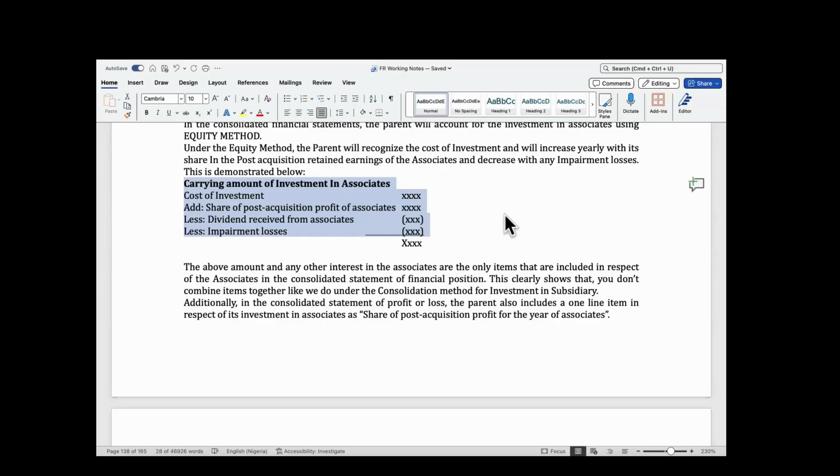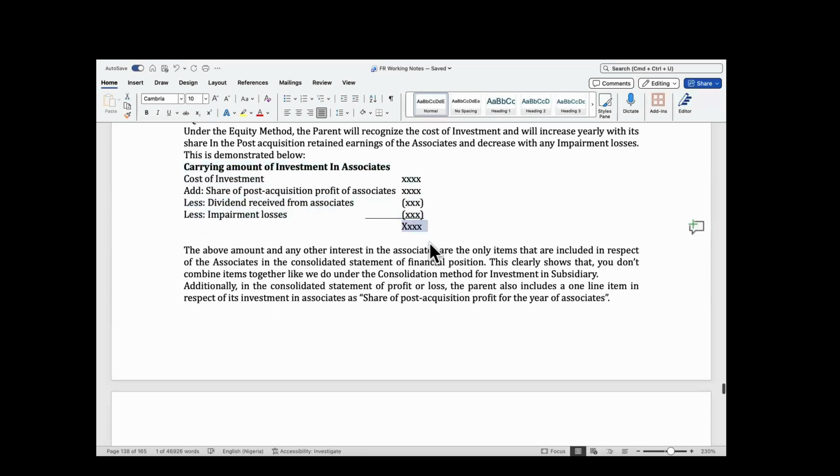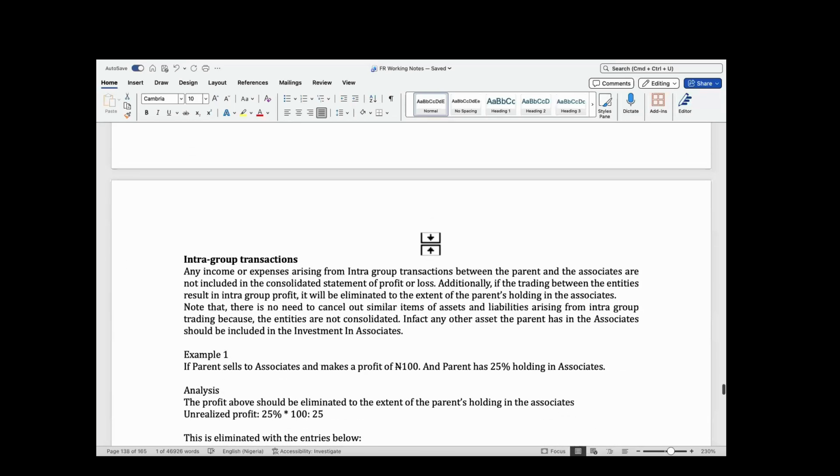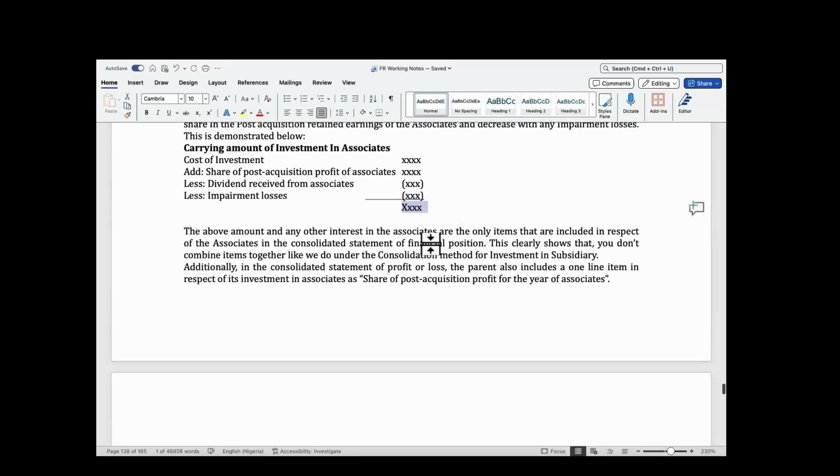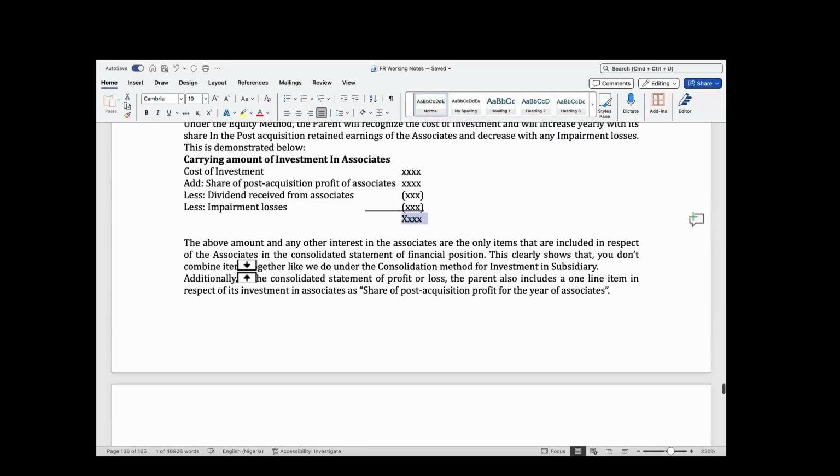If the associate gives you dividend, you remove it. If there's any impairment loss on your investment, you remove it. This is the only item that you consolidate. And that is all for associates. However, in addition to that, in the consolidated statement of profit or loss, it is all just one item.